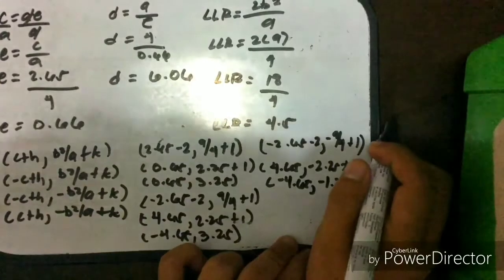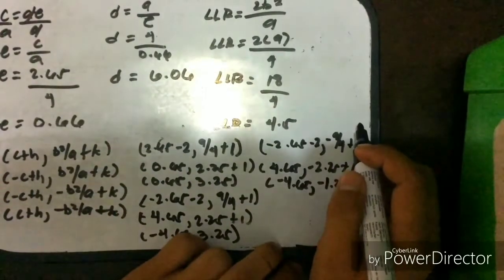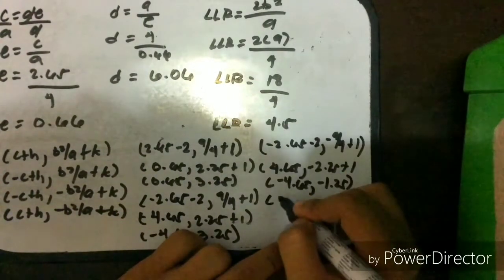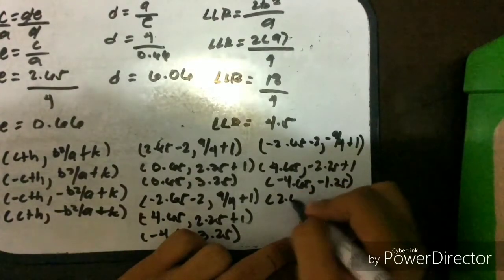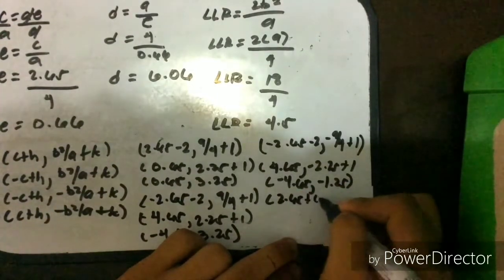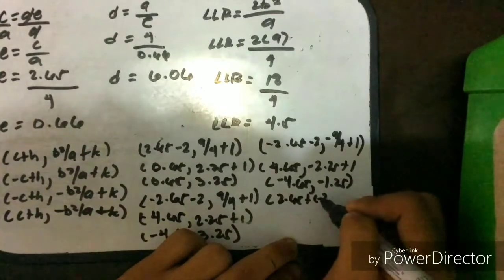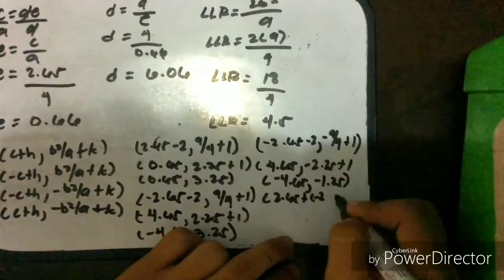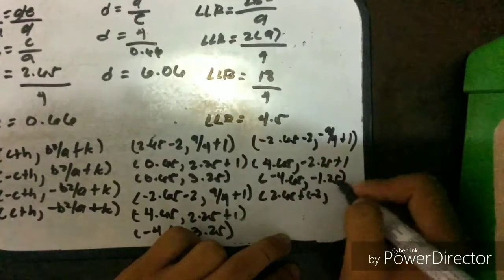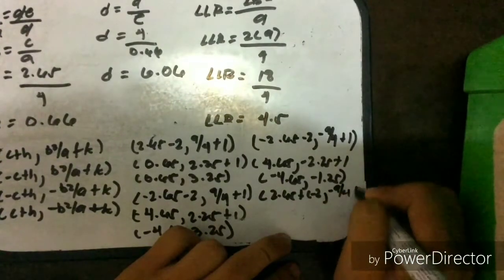And for the last, coordinate number 4, your c is 2.65 minus 2 and negative 9 over 4 plus 1.